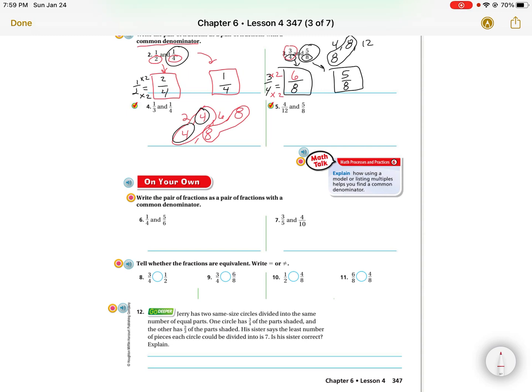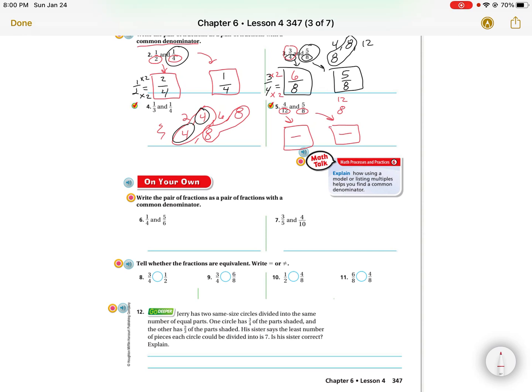All right, we used up the space for number 4, so let's come over here to number 5. Again, I want the common denominator of 12 and 8, and I'm going to be renaming and making 2 new fractions. Kind of set up my thinking. Pause whenever you need to.